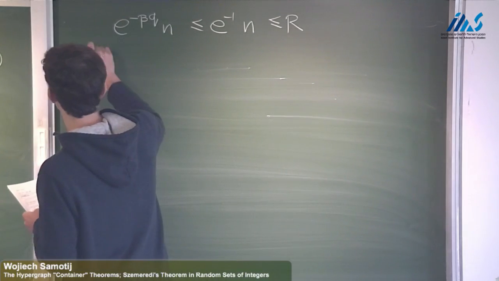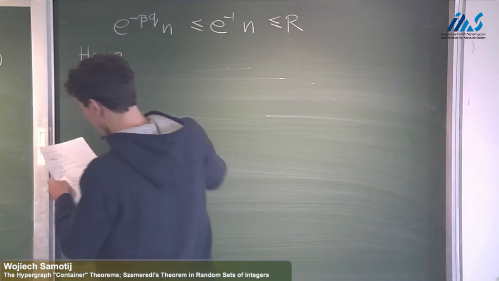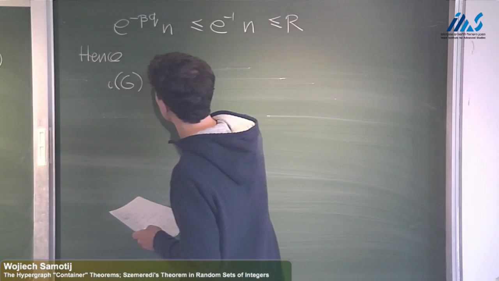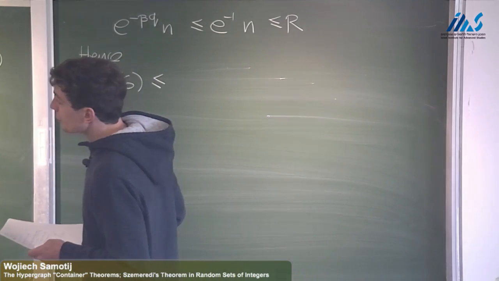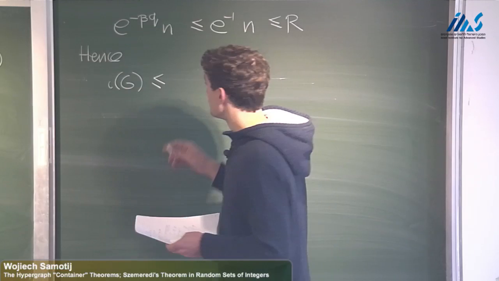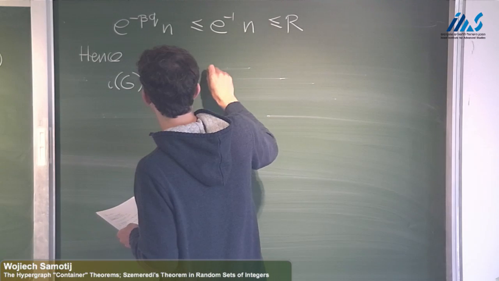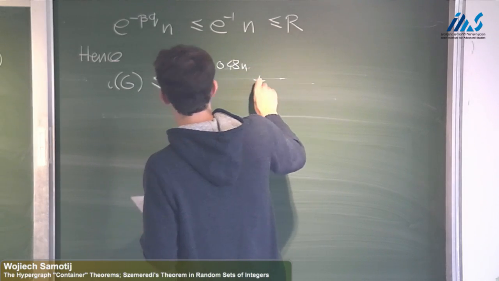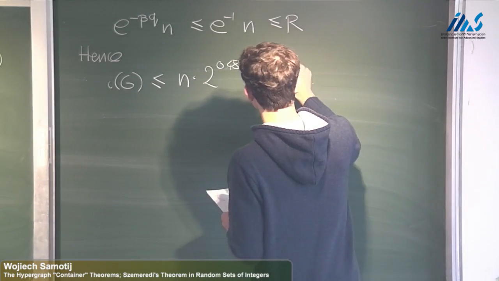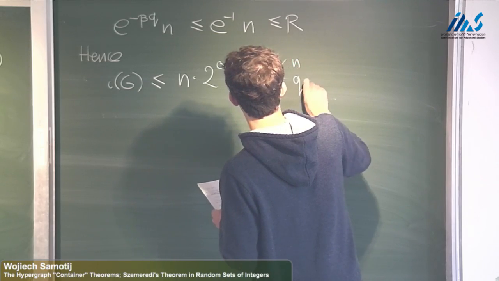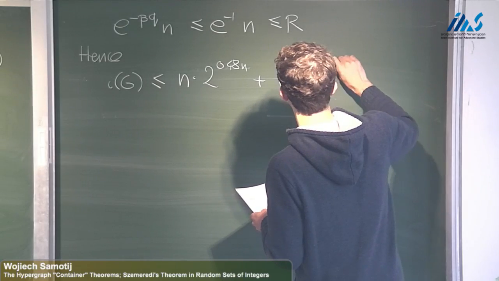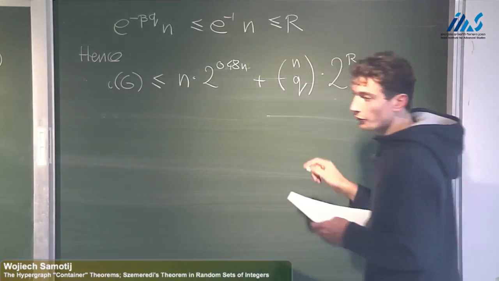And hence, the number of independent sets in G. Well, first, we count the ones which are smaller than n over 10. So that's at most n times 2 to 0.48n. Now, plus n choose Q times 2 to the R for the remaining ones.